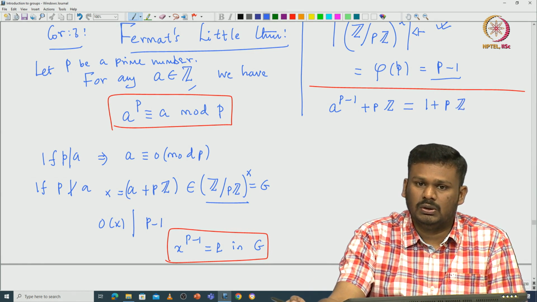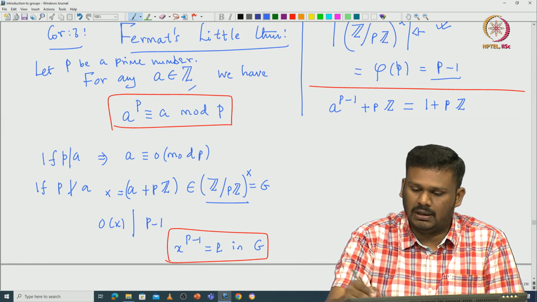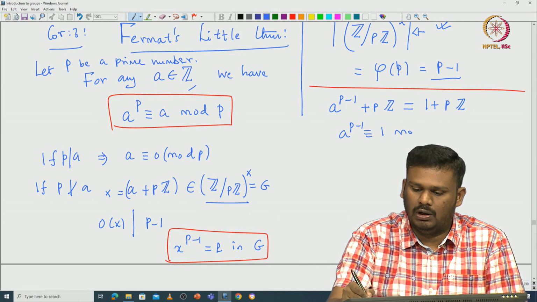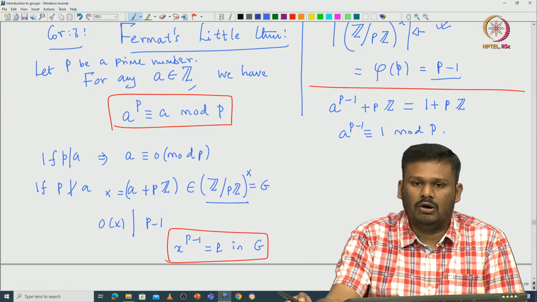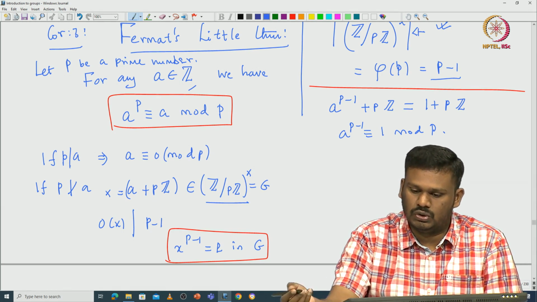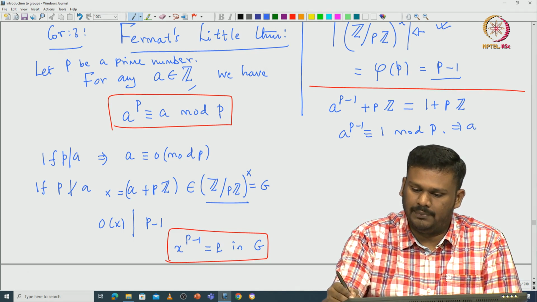So a power p minus 1 is congruent to 1 modulo p. Now multiplying by a on both sides, because a is an invertible, non-zero element in this group, we get a power p is congruent to a modulo p.